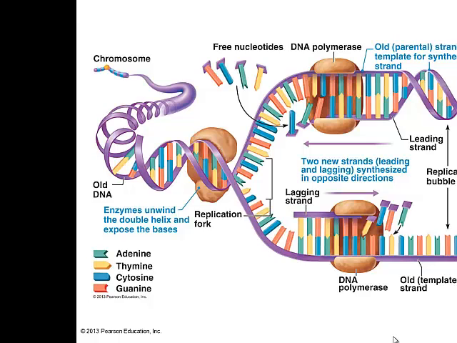Okay? Those enzymes, those big blobs that you see, are called polymerase enzymes. And basically what a polymerase enzyme is going to do is to bring things close enough so they can do what? Come together.